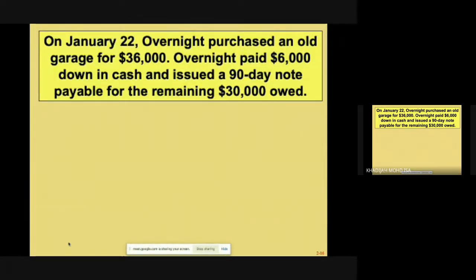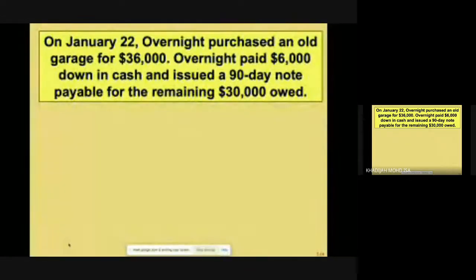How much is the value of the building? 36,000. But how do you pay? You pay by cash, so your cash is reduced by 6,000, but at the same time, you increase your note payable. Previously you didn't have any note payable, but now you have 30,000.